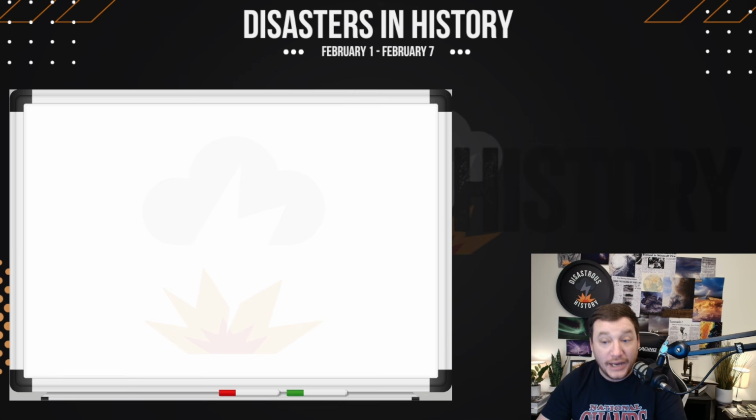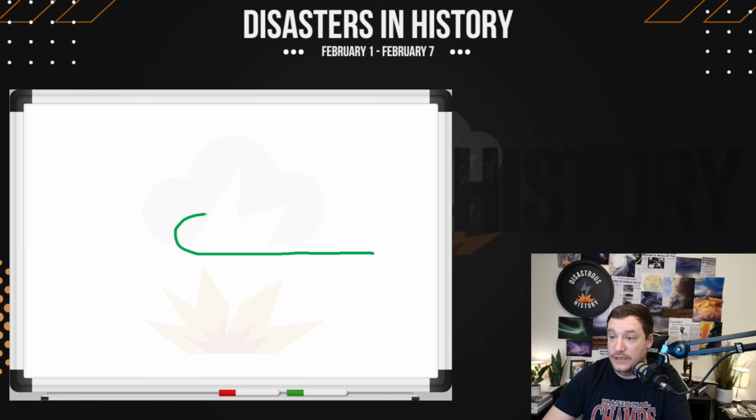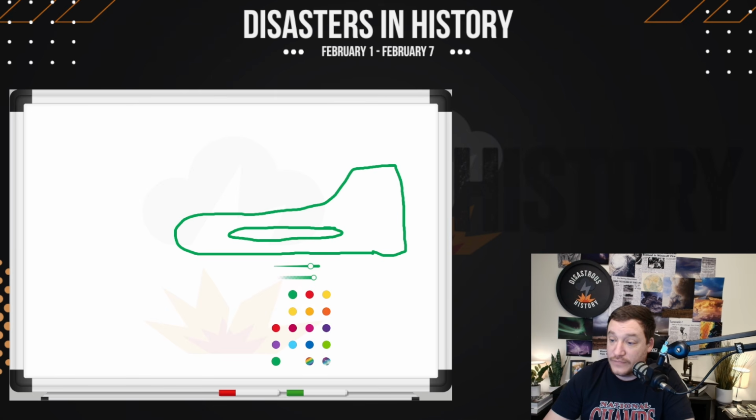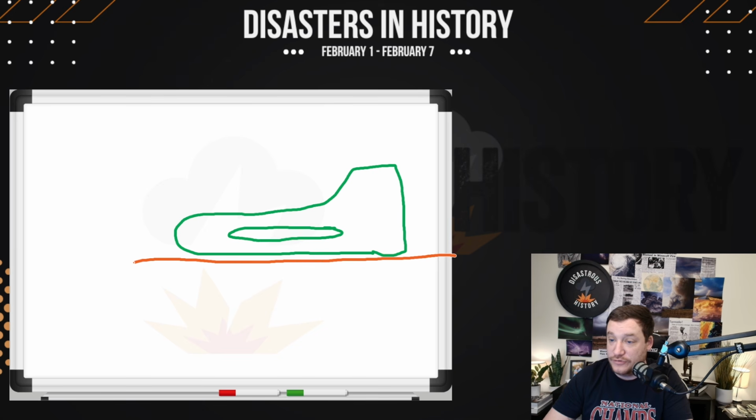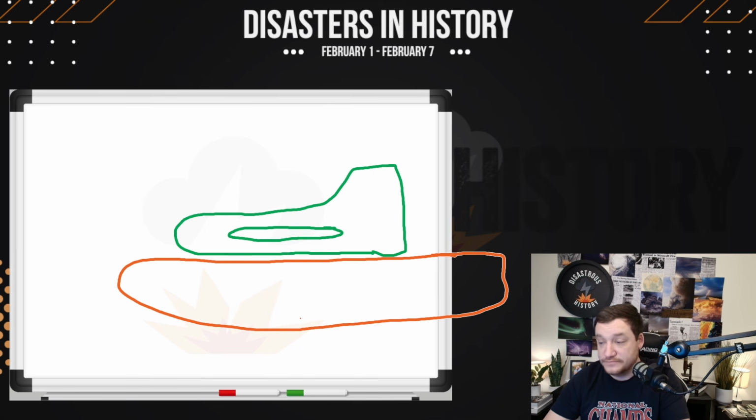Well, let me break out my handy-dandy whiteboard here. All right, so you have your shuttle, like so. You got your wing, like this, like a normal airplane, right? And then you have your giant external tank like this that holds fuel for takeoff, right? I went off my whiteboard a little bit. Let me fix that.